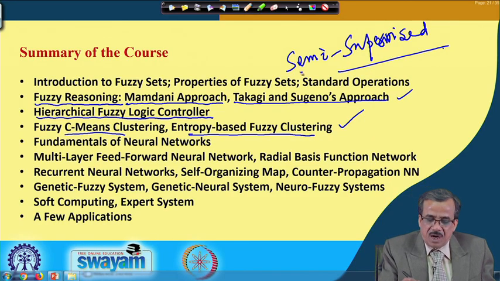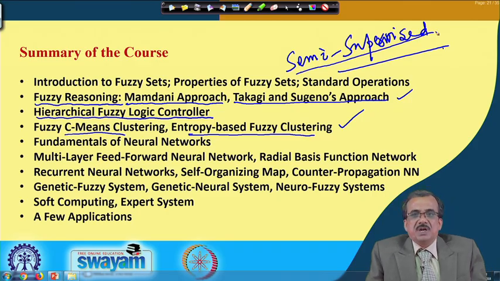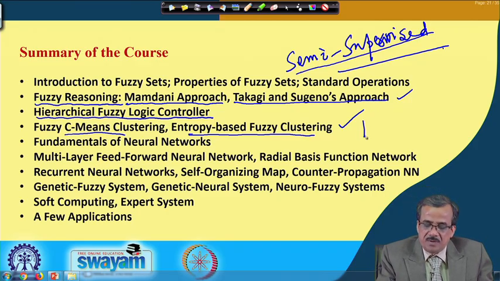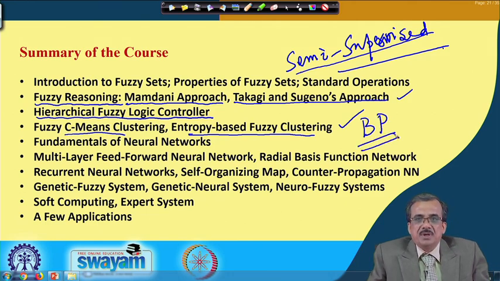Now, if you see how to implement this supervised learning, we have discussed that very famous, very popular back propagation algorithm, and the back propagation algorithm works based on the steepest descent algorithm, which is nothing but a gradient based method. Now, in the back propagation algorithm there is one problem: the solution may get stuck at the local minima.